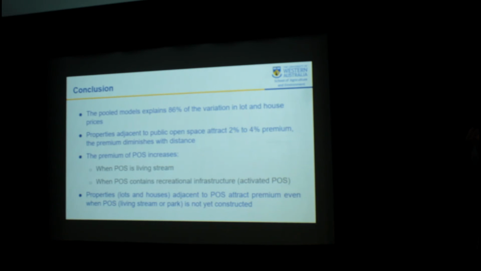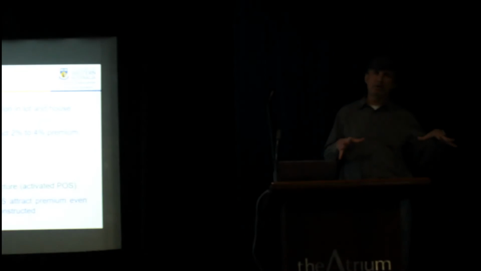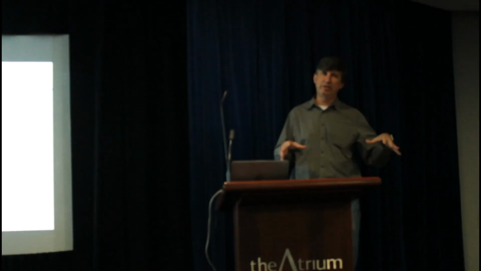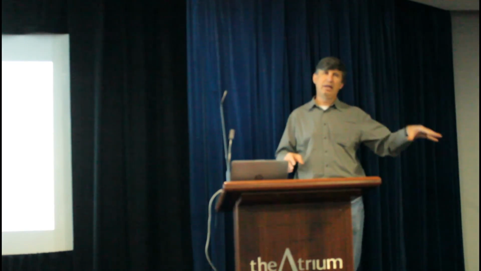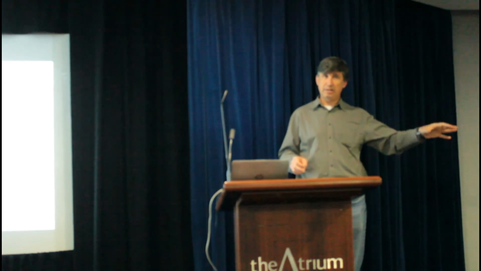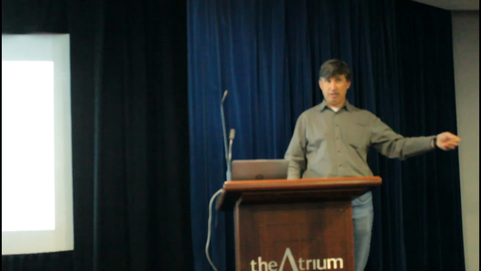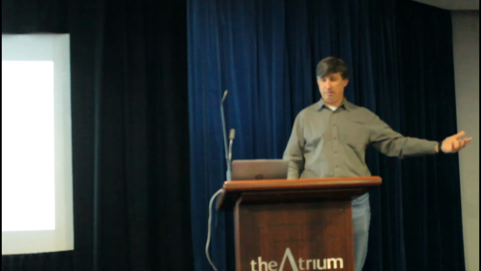And also we found that this premium almost does not depend on the timing of construction of living stream. So if we know that there is a plan of constructing this public open space or living stream, people will be willing to pay a higher price. So they pay for a lot almost as high prices as for houses if it's adjacent to public open space, and even if it's not constructed, they still pay about the same price.